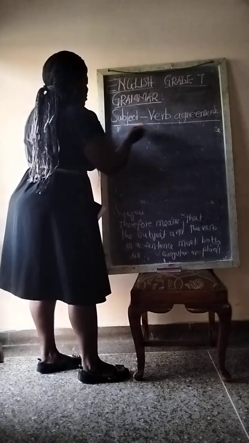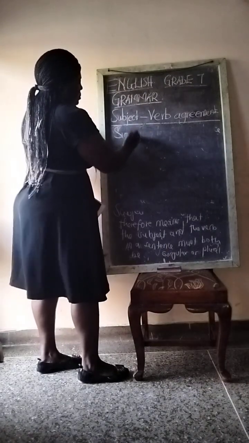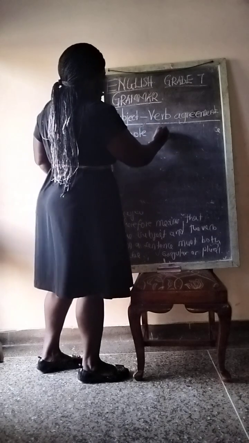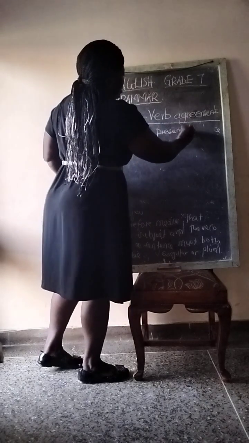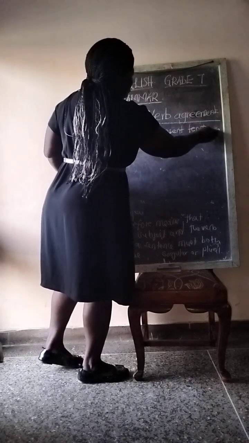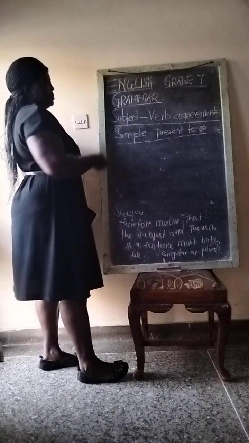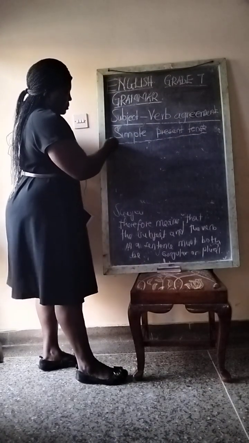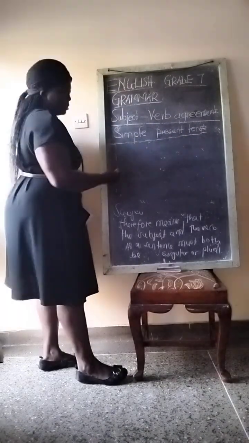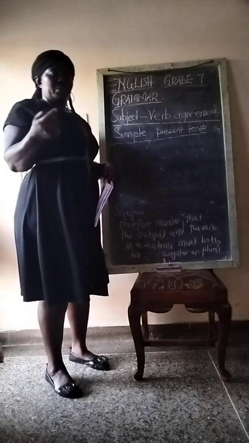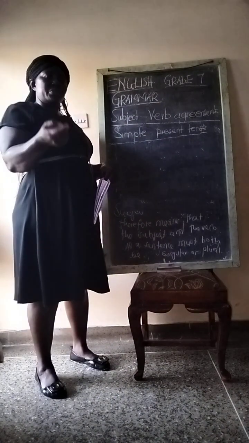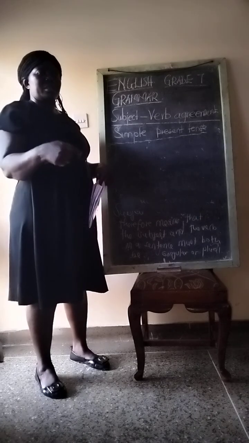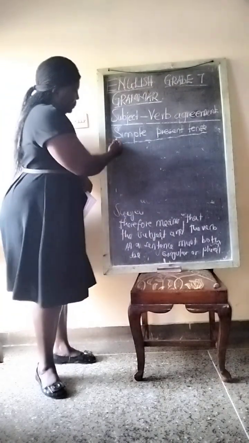Let's take for instance the simple present tense. For example, can you say what you always do now that you're at home? You do it today, tomorrow, every day you do it. What do you say?